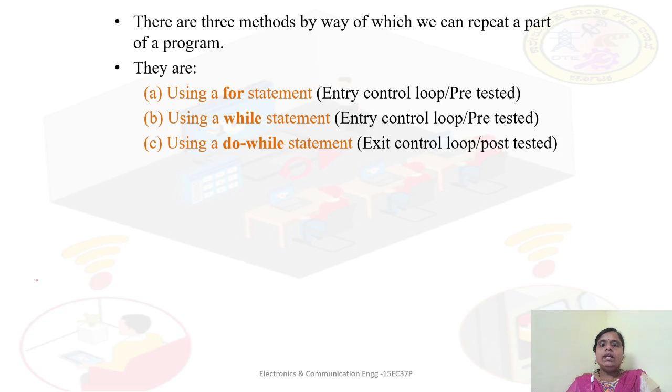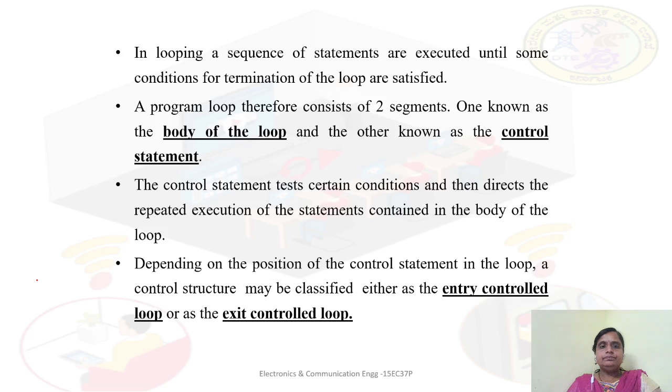We have three methods to repeat a part of the program: the for statement, while and do while, amongst which for and while statements are entry controlled, or pre-tested, whereas the do while is exit controlled, or post-tested. That is, here we are controlling these loops either while entering the loop or while exiting the loop. That's why we say that they are either entry controlled or exit controlled.